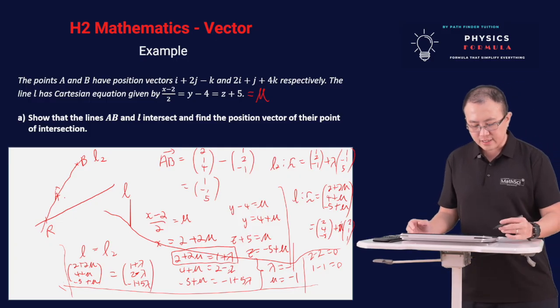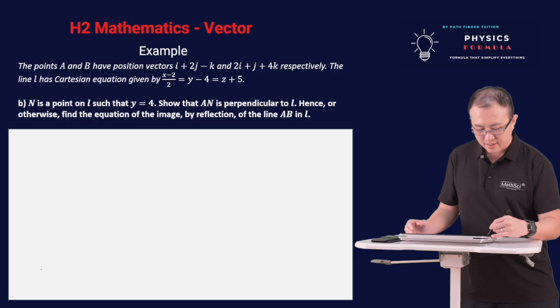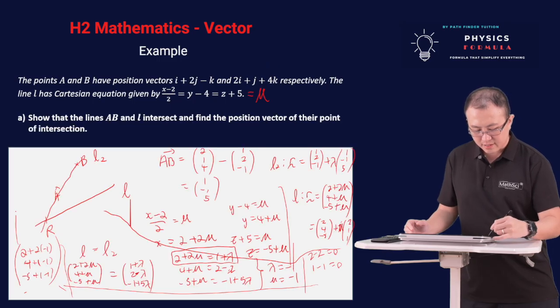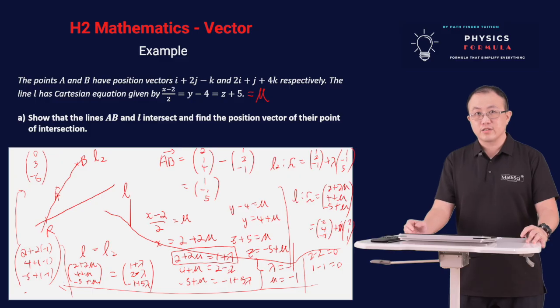So the point of intersection will then be given by 2 plus 2 times minus 1, 4 plus negative 1, and last but not least, minus 5 plus minus 1. So we will get 0, 3, and minus 6. So this is the point of intersection.